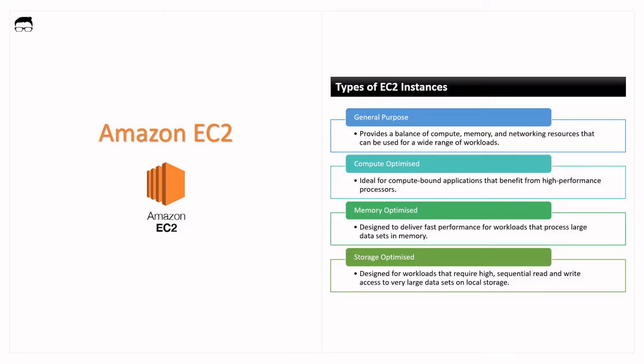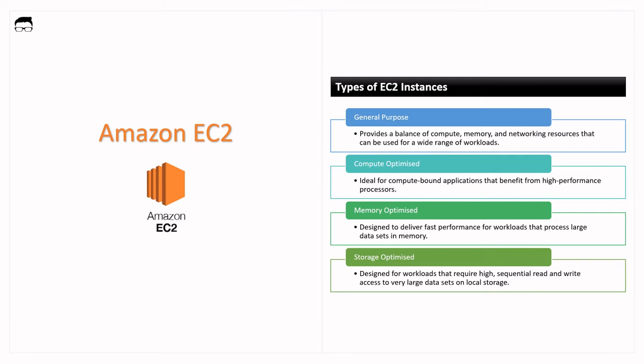Both EC2 instances and AMIs are further classified. Let's take a look at them. EC2 instances are further classified into compute optimized, memory optimized, storage optimized, and general purpose instances. Compute optimized instances are designed for applications that require high performance processors. Memory optimized instances are designed for fast performance that process large sets of data.